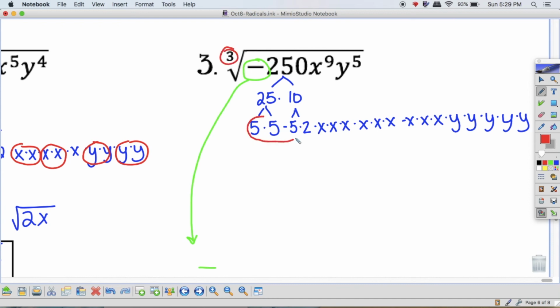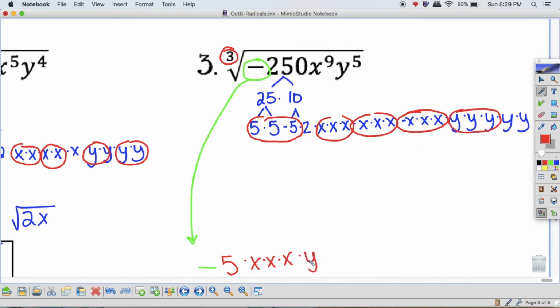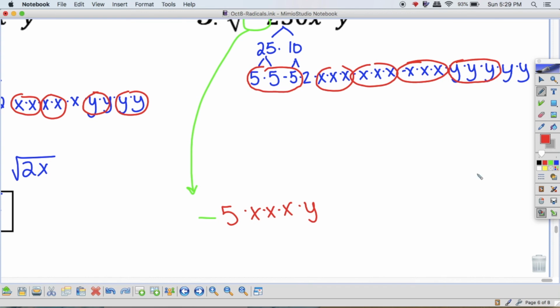Here is a group of 3 5s, so I'll write 5 once on the outside. I have 1, 2, 3 groups of x's, and I have 1 group of y's. Okay. And let's see what's left on the inside. On the inside, I've got a 2 and a y and a y.